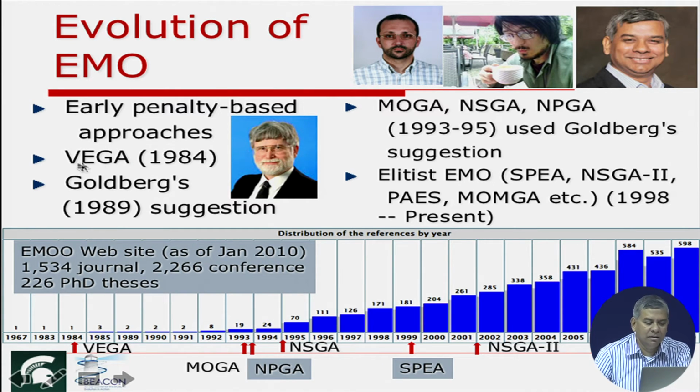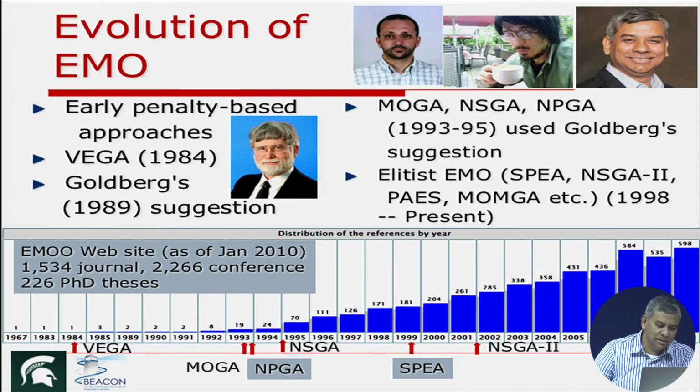He called it VEGA, Vector Evaluated GA, because he considered the objective values as a vector. He came up with some suggestions, a very simple idea. I'm going to show you what he did. But unfortunately, his algorithms, at least his early ones, were not able to maintain a stable subpopulation. So people realized that it's a difficult problem to solve.